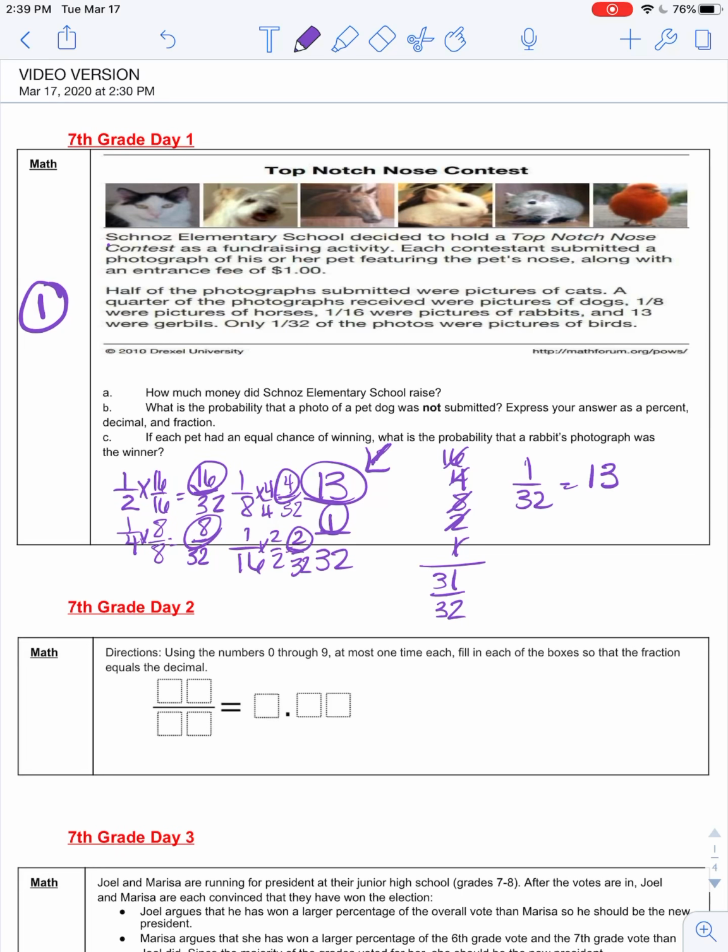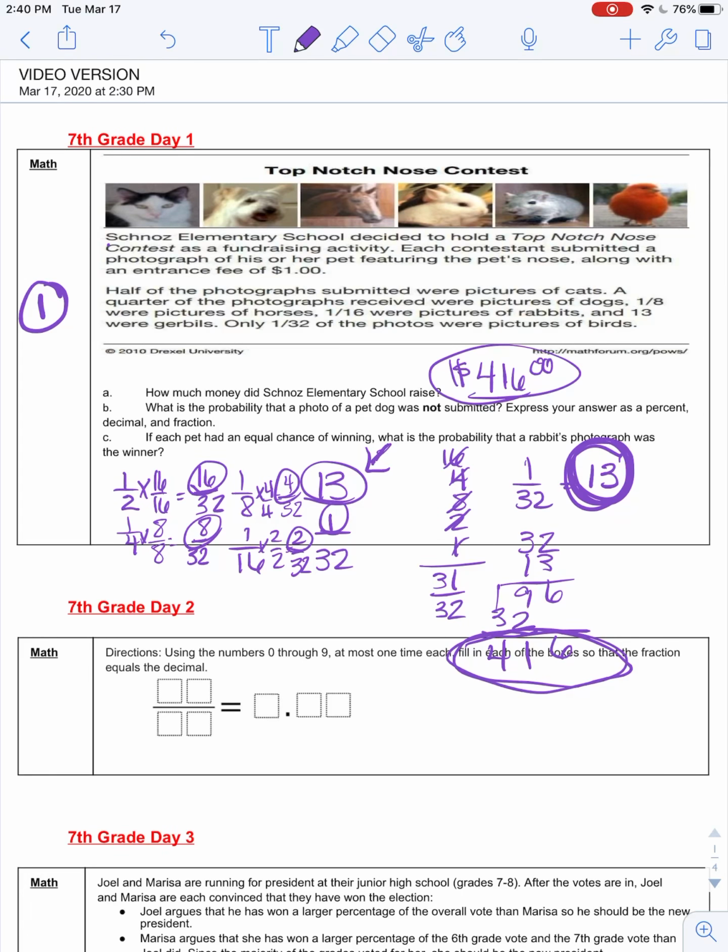Each one of those sections is worth 13. So if we have 32 sections of 13, we just multiply those to find the total. So all together, there were 416 pictures submitted, which makes our money $416 raised.